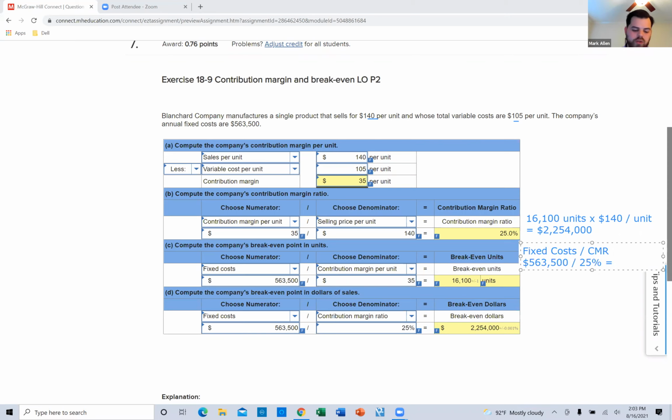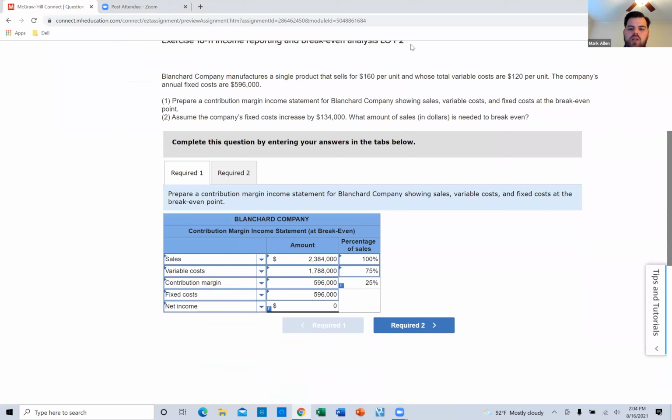Here in number 8, we're looking at income reporting, and this one you've got to be a little bit careful with, just to make sure that you understand how it's set up. So I'm just going to mock out what they've got. Sales minus variable costs gives us contribution margin, minus our fixed costs, and that will give us, in this case, what they're calling net income. Now notice earlier we would have called this pre-tax income.